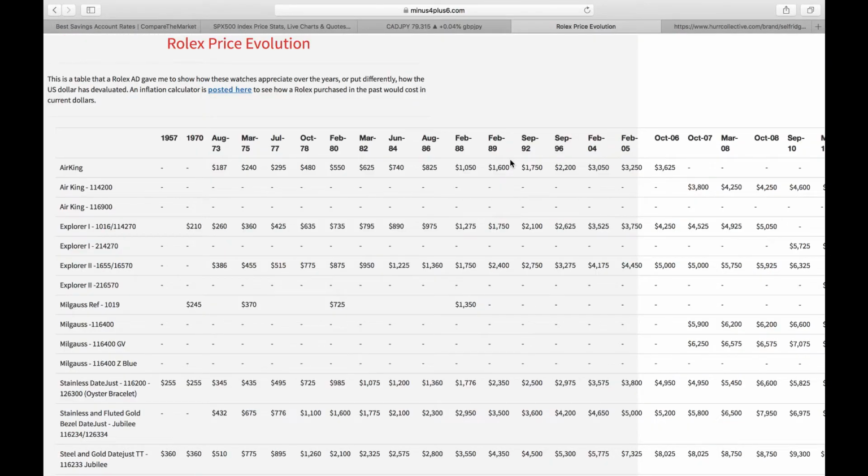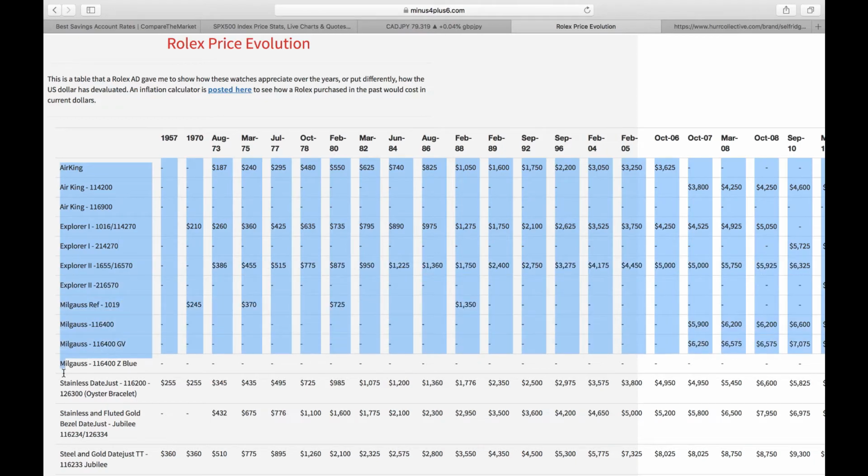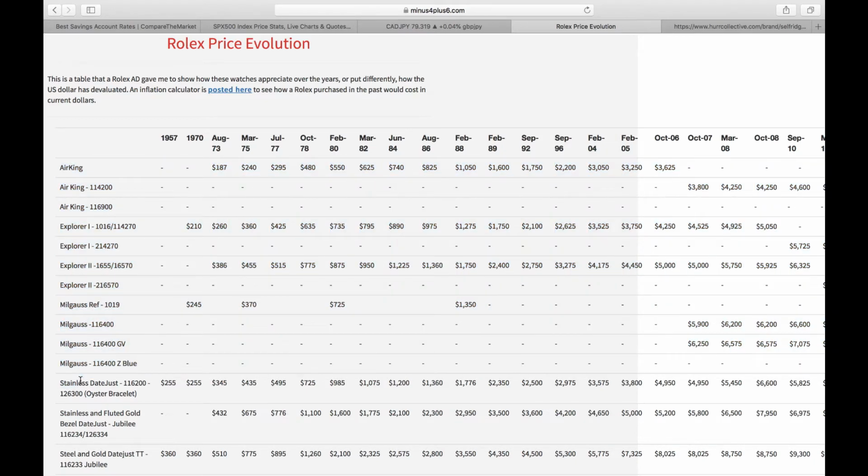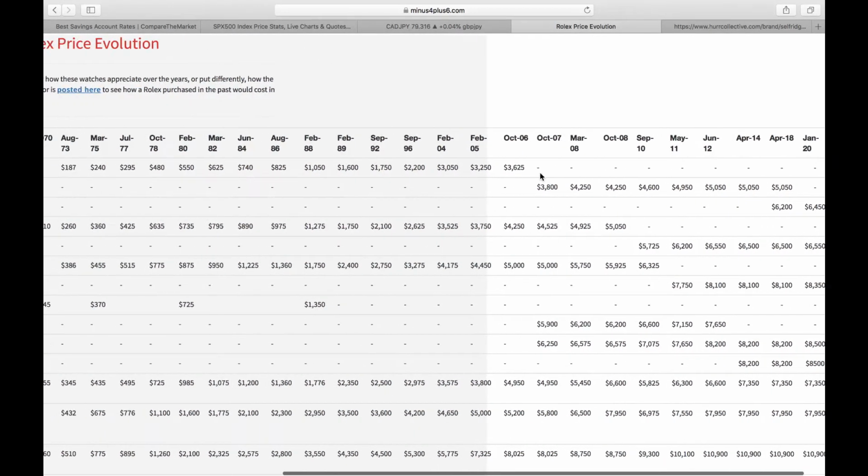Now the alternative type of investment is with your personal passion ones. If you're into cars, then you'd buy a Jaguar or a nice old school classic car. But if you like your watches, then you'd be buying a Rolex. Now if we look at the Rolex, they're all here, all the different types of Rolexes, the models, from when they were first founded to where they are currently.